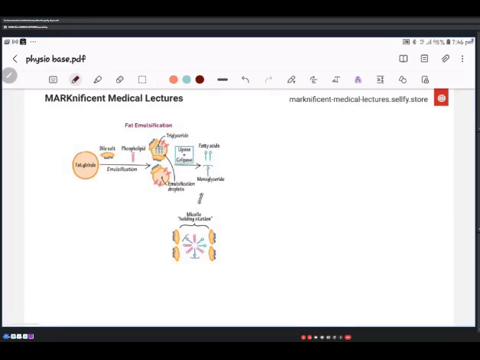So if this is the intestine, sorry, let me just say this is fats. The liver itself secretes bile.